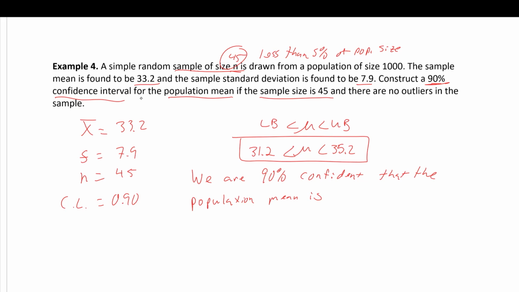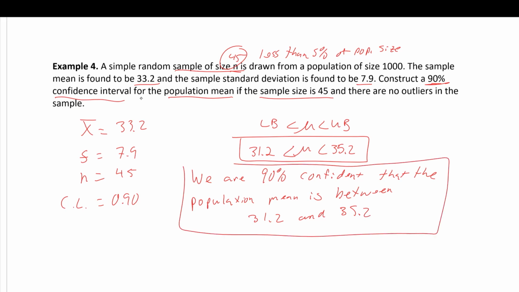It's just an abstract problem. So we just say the population mean is between 31.2 and 35.2. There's really no units associated with this. It was just an abstract problem.